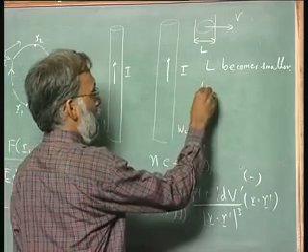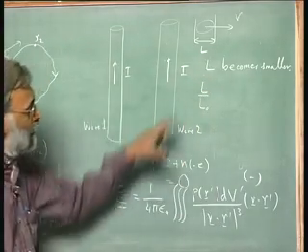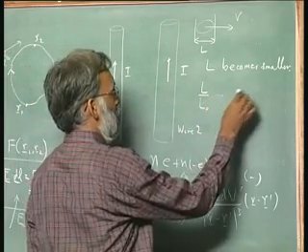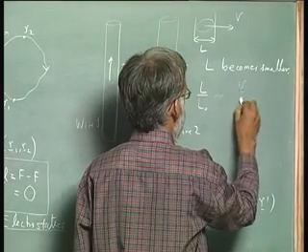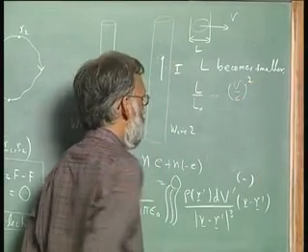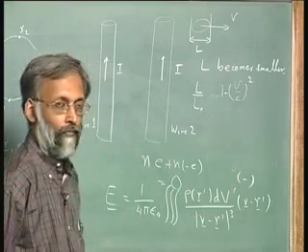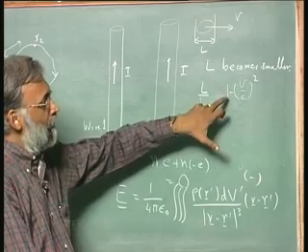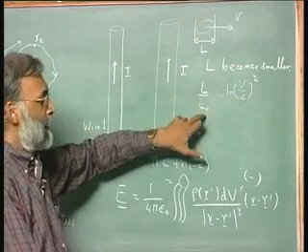Well, L over L naught is a function of v over c. Actually, it is a function of 1 minus v squared over c squared. So, if v is very small, L is equal to L naught, but if v starts approaching c, then L becomes tiny.